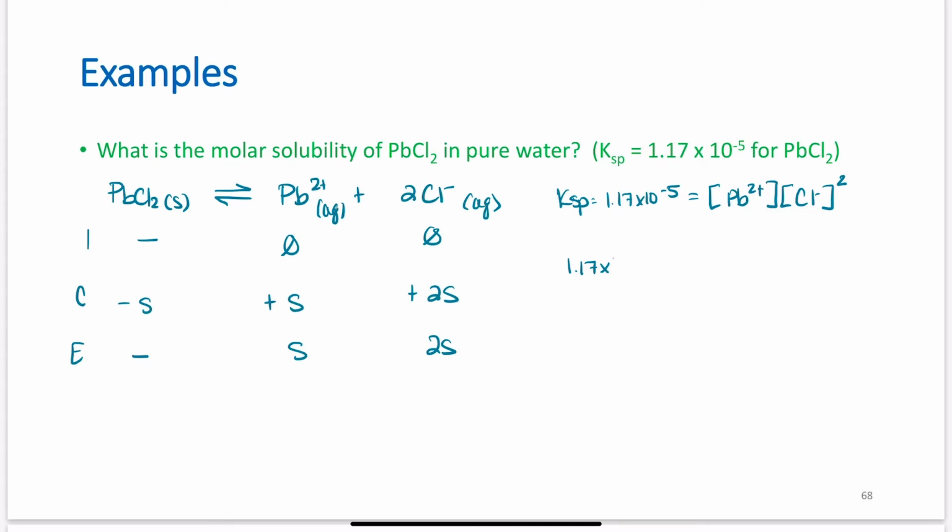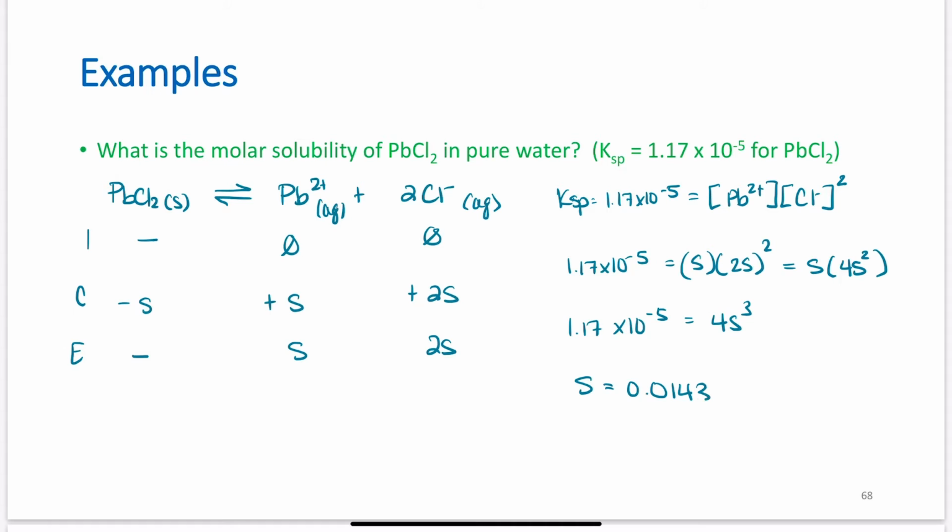So 1.17 times 10 to the minus 5 is equal to S times 2S squared, which is the same as saying S times 4S squared, which is the same as saying 4S cubed. Solve for S, and I get 0.0143 molar.